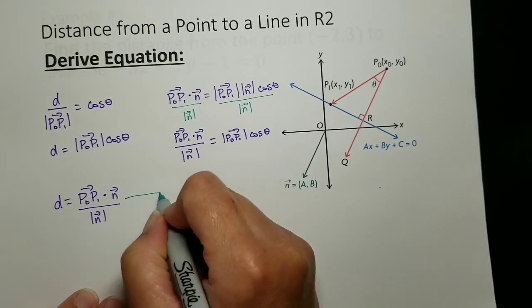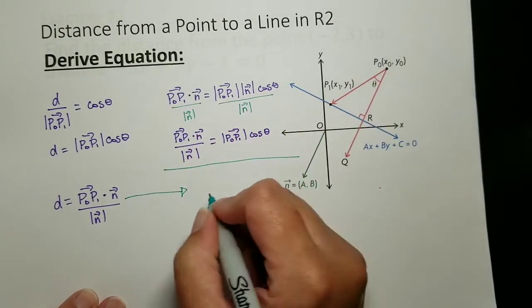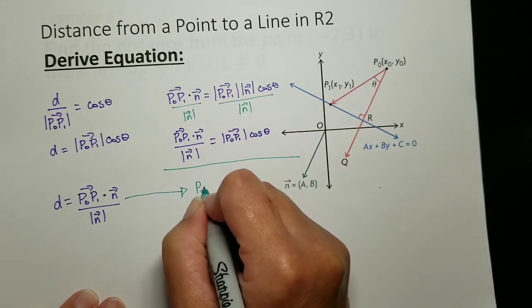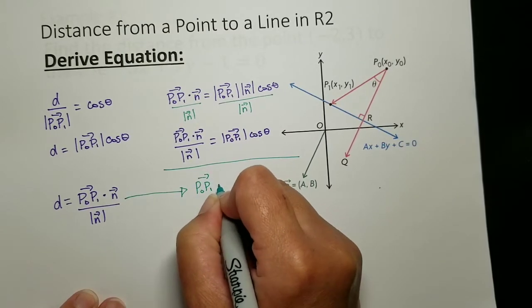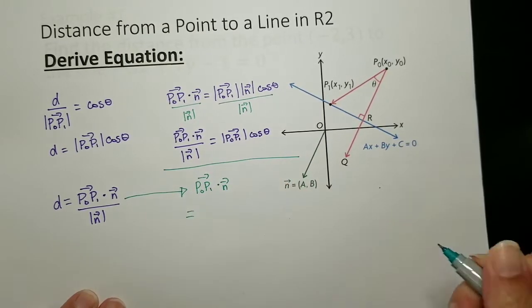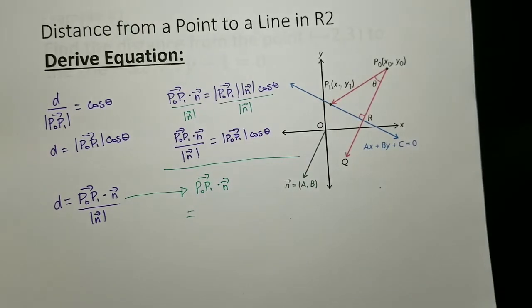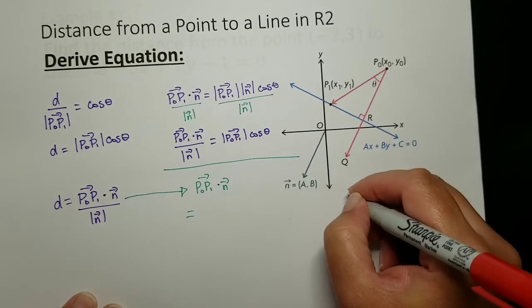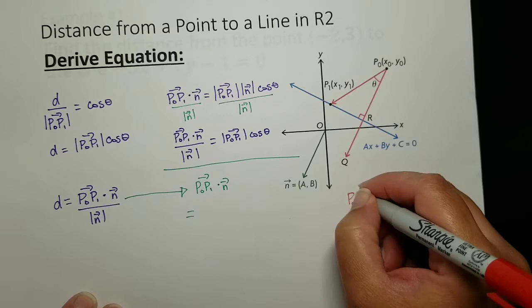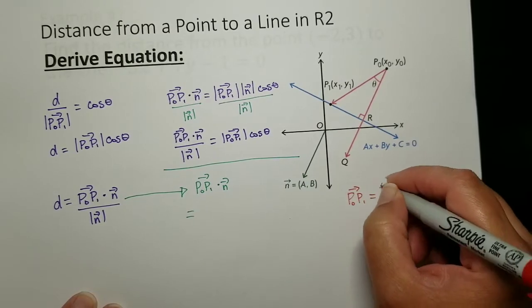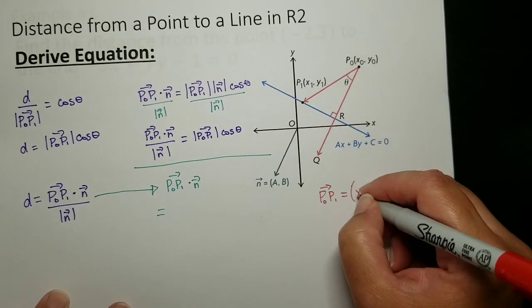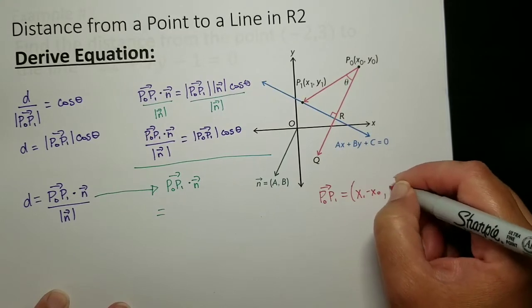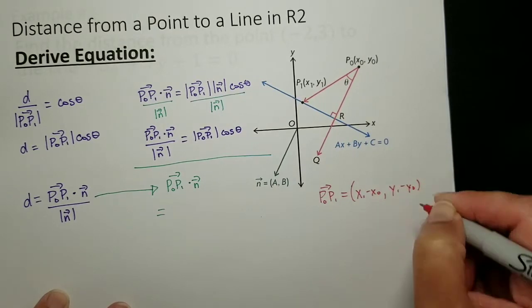So, kind of as an aside, we know that this vector here, P0 to P1, would equal x1 minus x0 and y1 minus y0.